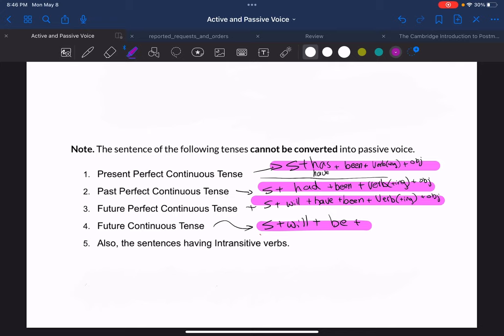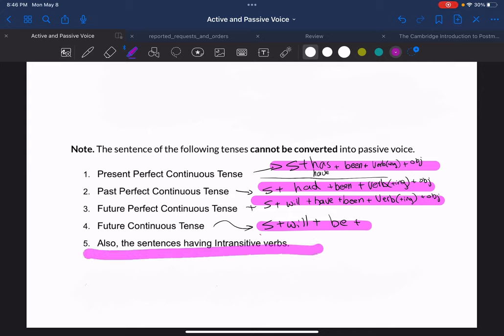Now, these will not be brought back for you, and you're not going to be asked to change them to passive. Just know the active structure. So when you see a structure like this, you just basically say that this is not changed. And this can be changed to passive. That's all you need to know about this.